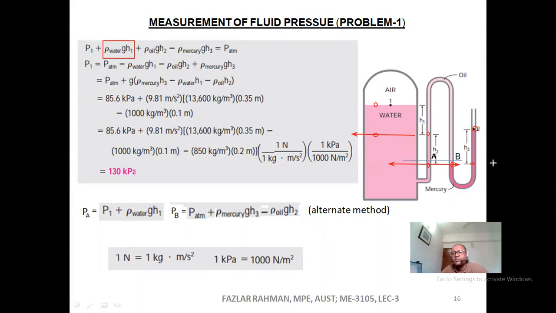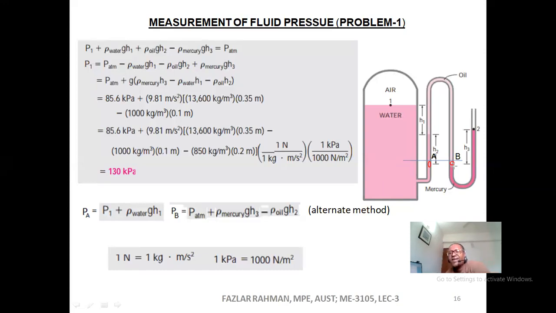Okay, there is one thing I need to mention. I think I'm making a mistake over here: we cannot walk down from this point to this point. Look carefully. Is there the same fluid? No, sir.